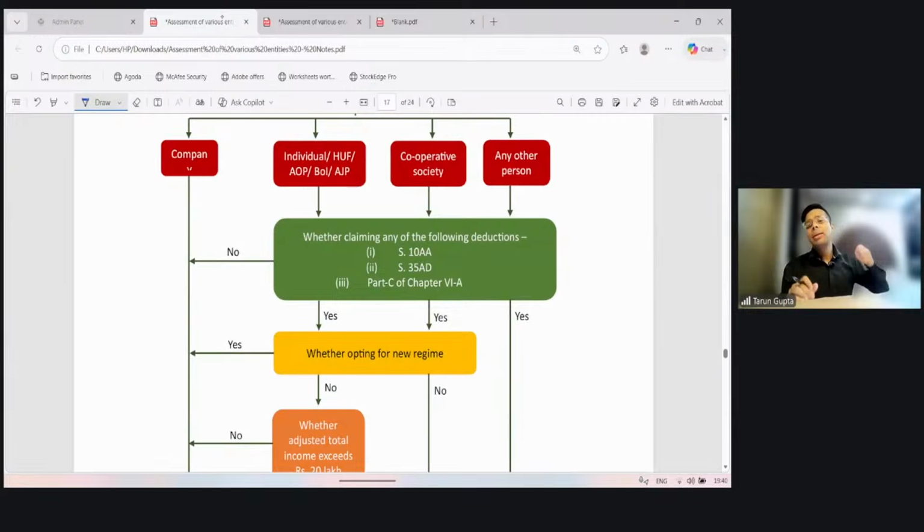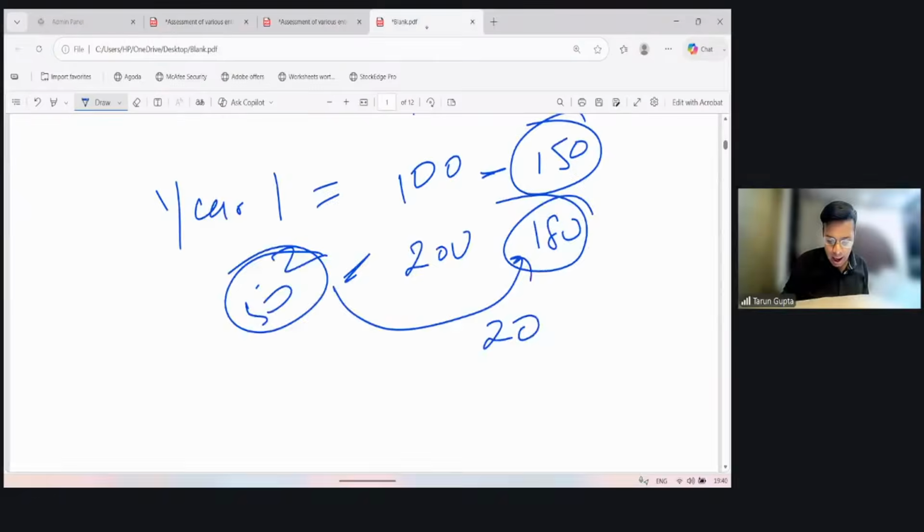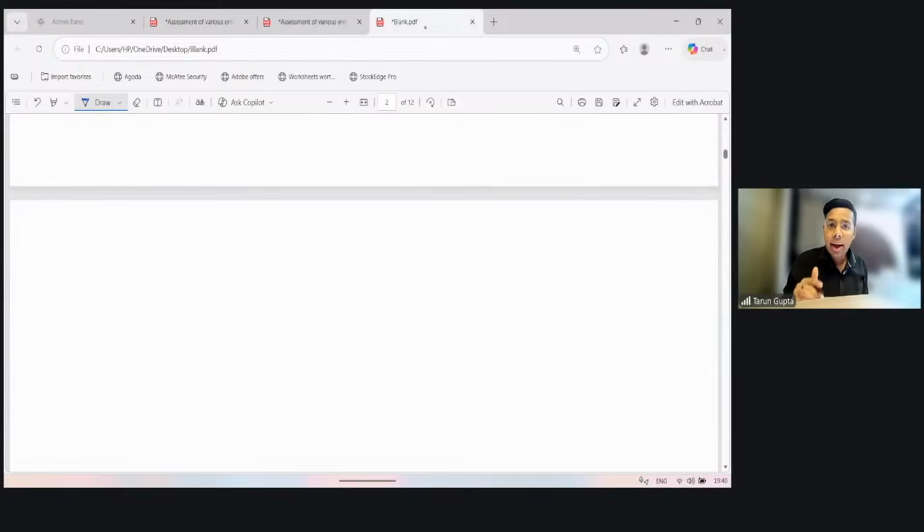As there is a MAT for companies, MAT is the minimum alternate tax for a company. In this case, we compare the MAT liability with the normal tax liability, but MAT is applicable only if the assessee is a company. If the assessee is any person other than a company, then similar to MAT, there is a provision of AMT, alternate minimum tax.